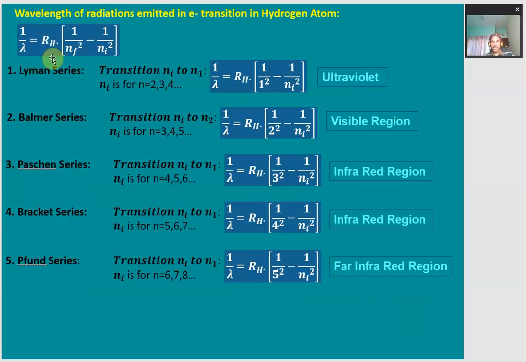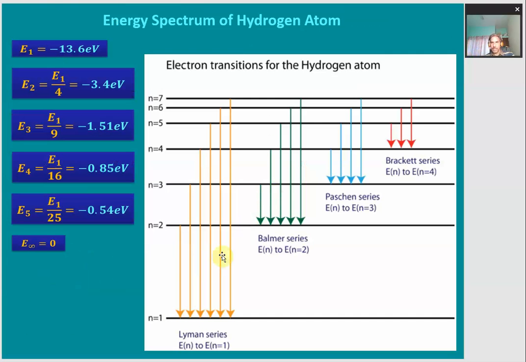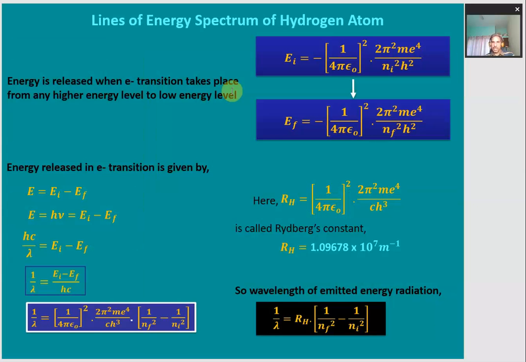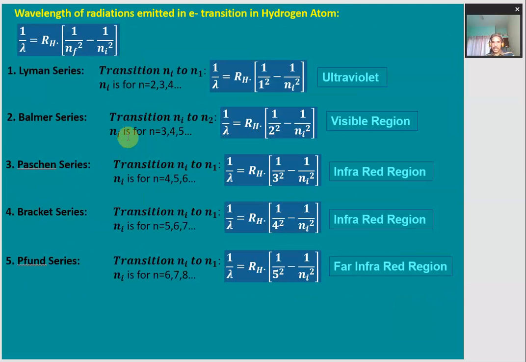So if the transition, I want you to focus on this diagram again. If the transition is taking place to the lowermost energy level, for which n is equal to 1, from any higher energy orbits, the equation to calculate the wavelength of the radiation which will be released will be written as just this.